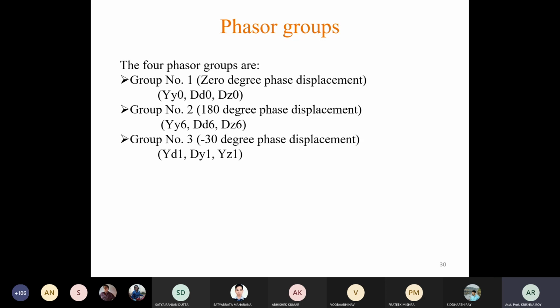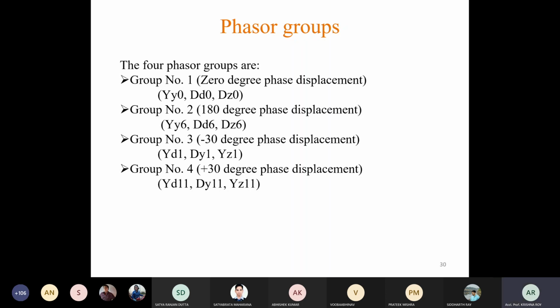Minus means lagging. So YD1, DY1 and YZ1 are the possible connections. And group 4 is positive 30 degree phase displacement, that means leading. Minus means lagging, positive means leading, and the possible connections are YD11, DY11, YZ11. So these are the 12 phasor groups in your syllabus.